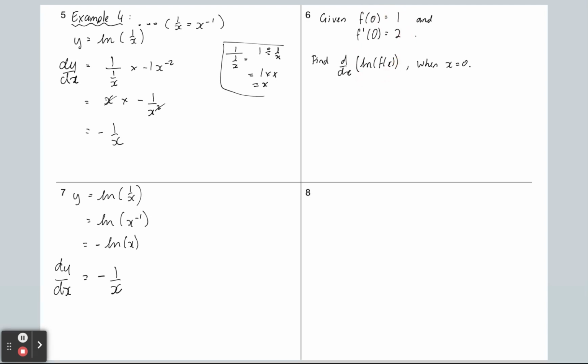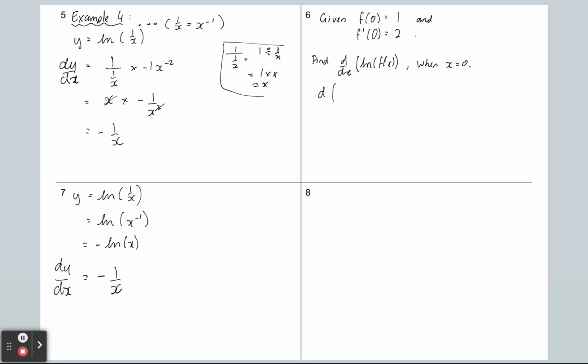You're given a function to differentiate with respect to x, ln of f of x. We just apply our usual logic, but we have to be careful what we're doing. We need to find the derivative of ln of f of x. So f of x is just an inside function, and ln of f of x is the outside function.